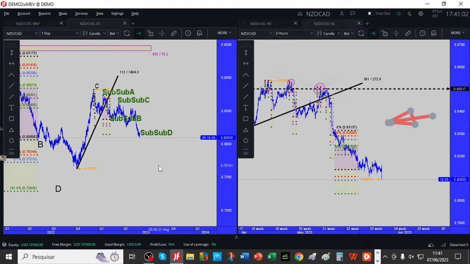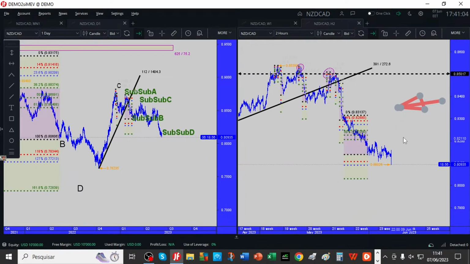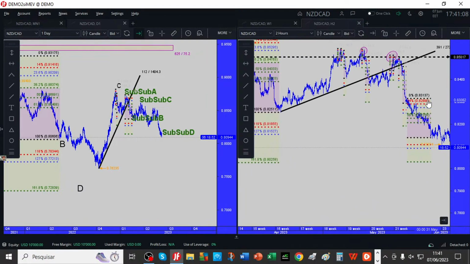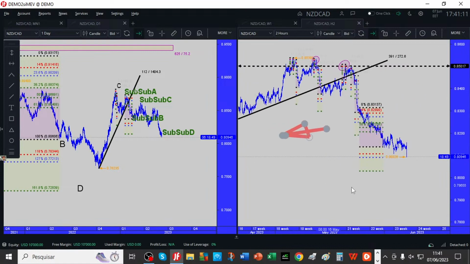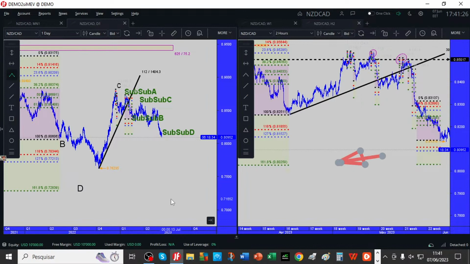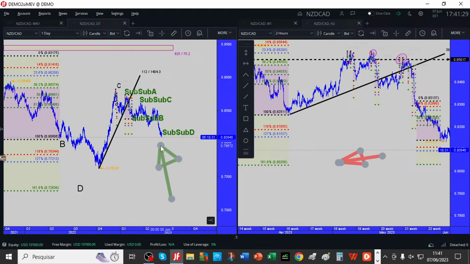See everybody, the original Fibonacci on the 2-hour chart and the confirmation there are both aligned, right? Okay, they're both aligned, but from the daily chart the market just hit the sub D from the Fibonacci of the confirmation.